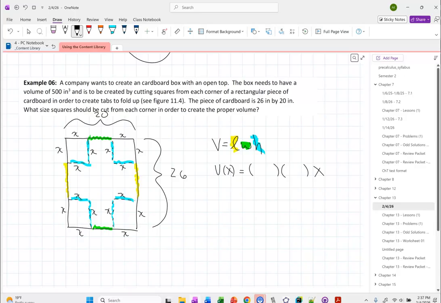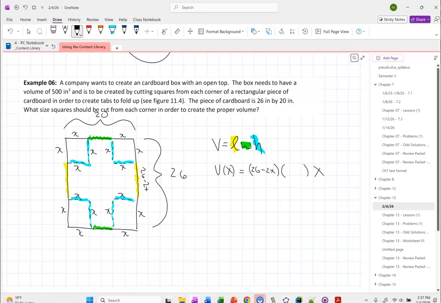Well, how long was it from here to here? 26. And what did I remove off of that 26? An x and then another x. So this length here should be 26 minus 2x. Everybody agree?